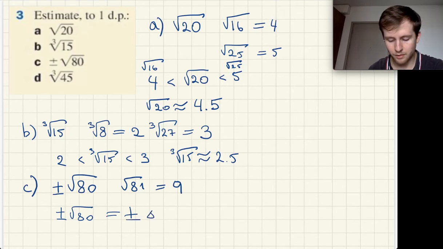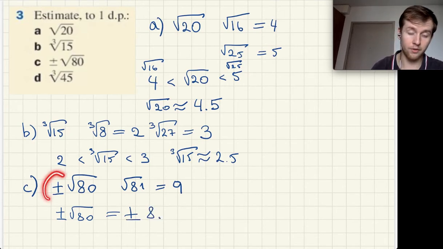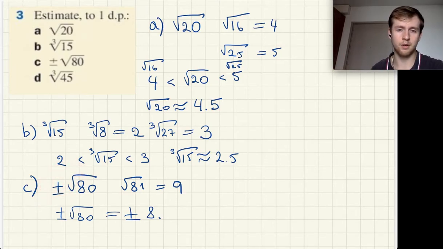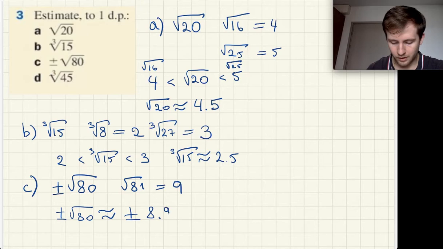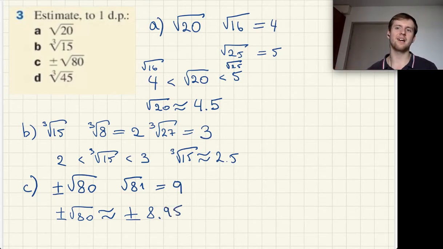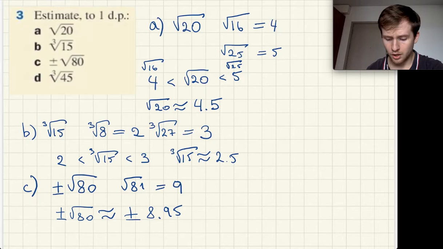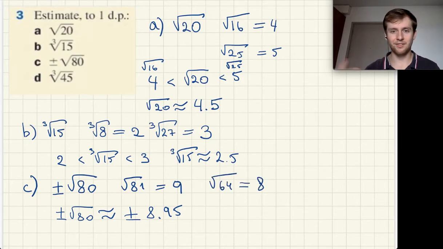So it's plus minus because you see, don't forget about this sign here. It's there for a reason, plus minus. So you also have to write it in your answer. So it should be approximately equal to 8.95, actually closer to 9. It's really close to 9, because you see square root of 81 is 9, and another one which is close is square root of 64, which is 8, but that's not close.